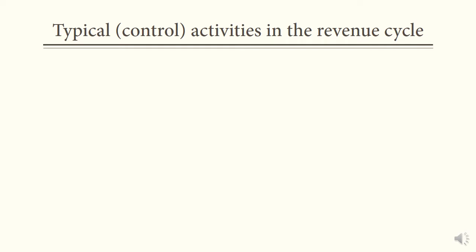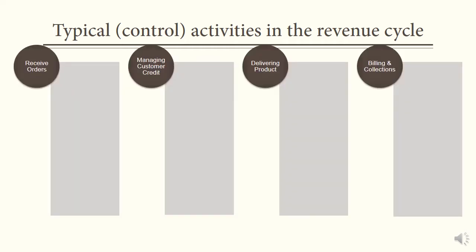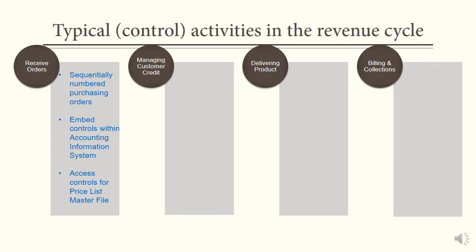There's a number of controls that relate to the different activities that we just saw from the revenue cycle. With regard to placing orders, some controls include using sequentially numbered purchasing orders, embedding controls within the accounting information system, and using access controls for the price list.